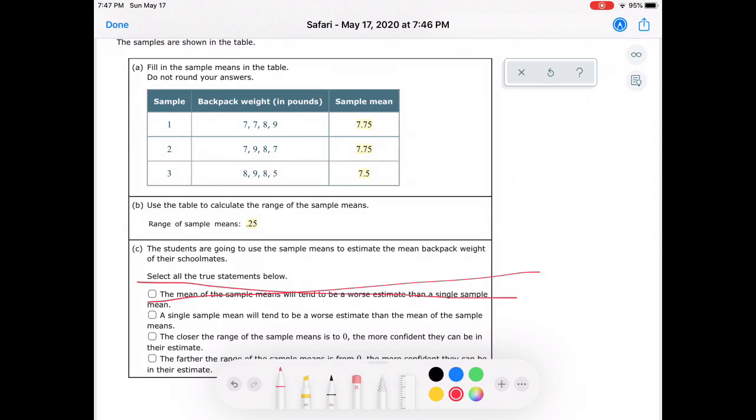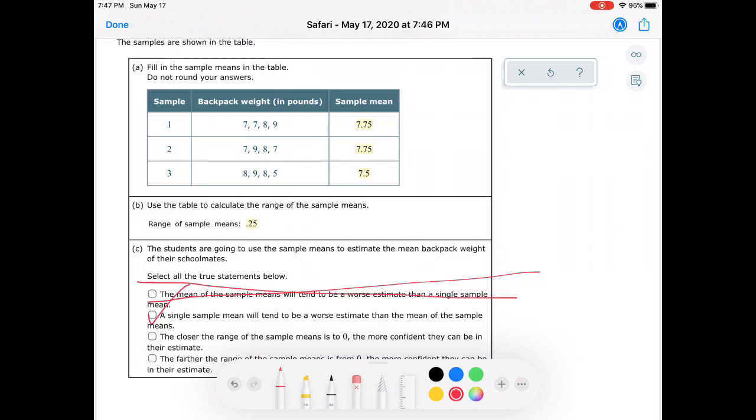The next question says, a single sample mean will tend to be a worse estimate than the mean of the sample means. That one's true. That's a good one, because once again, a single sample mean isn't taking into consideration as many people. So the more the better.